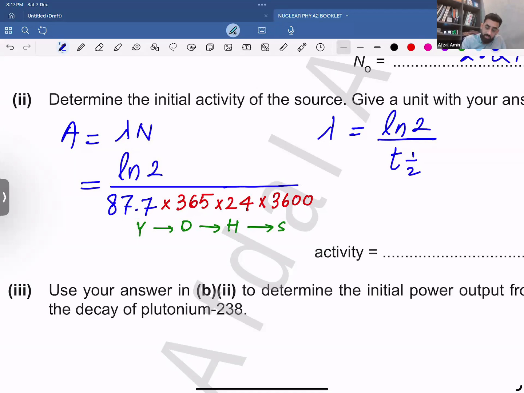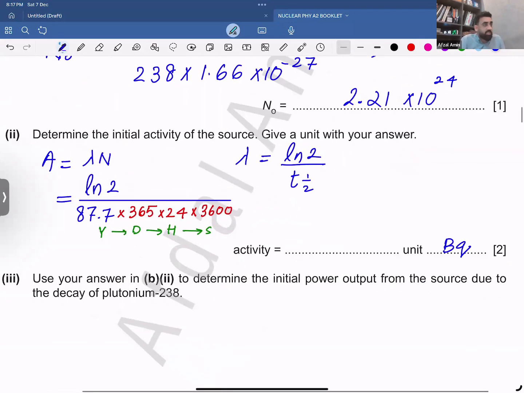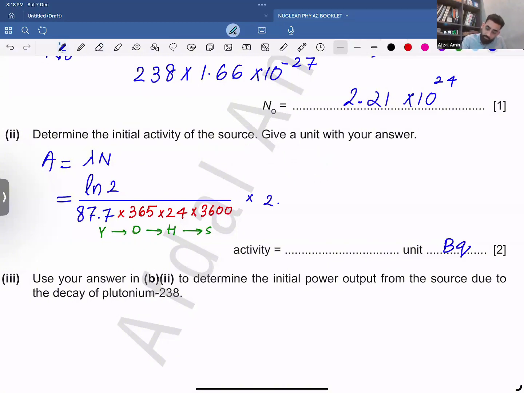Why did I change the unit, students? Because the unit of activity is becquerel, so lambda has to be per second, times N. N was 2.2 × 10^24.